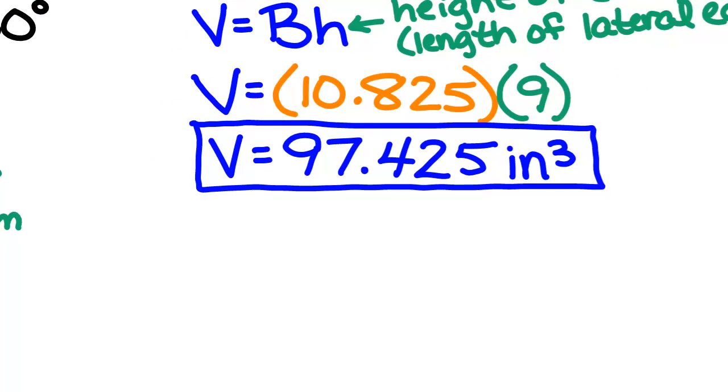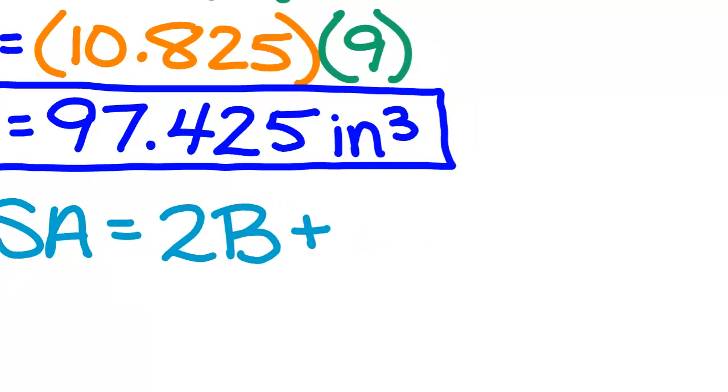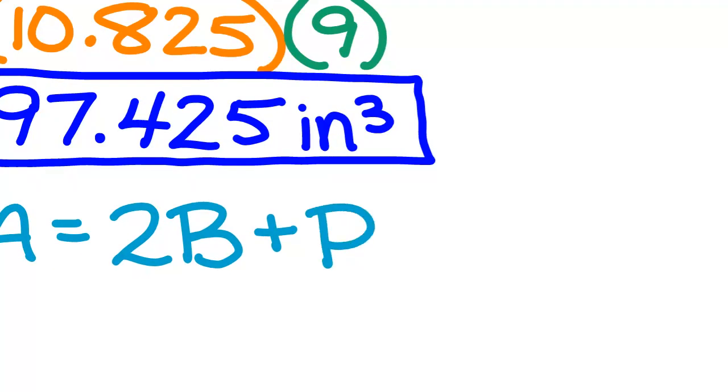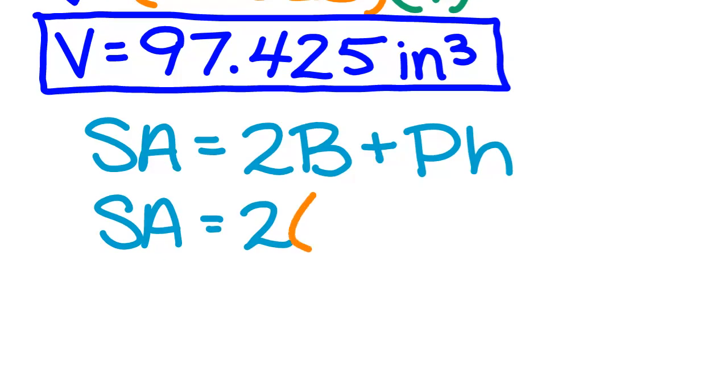All right. Surface area now. What was our surface area formula again? 2 times area of the base plus the perimeter times the height. We already have the area of the base, we don't have to go find that again. So 2 times 10.825.